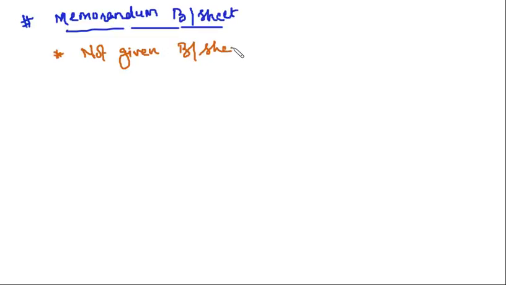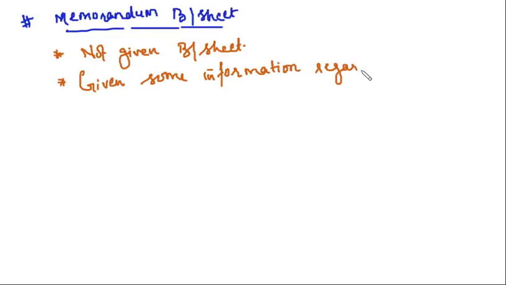So far, we have been doing the questions and discussions where we have the balance sheet. On the date of dissolution, we have the balance sheet, and from that balance sheet, we transfer the assets and liabilities to realization account. Clear? But here you are not given the balance sheet. What you are given is some information regarding the balance sheet.